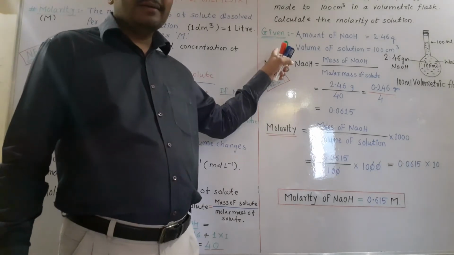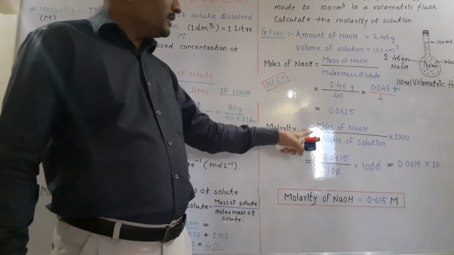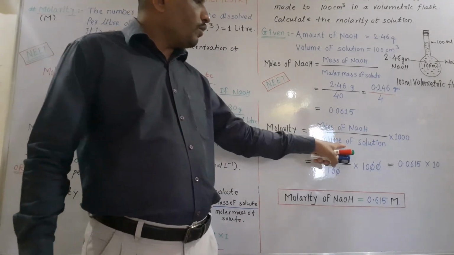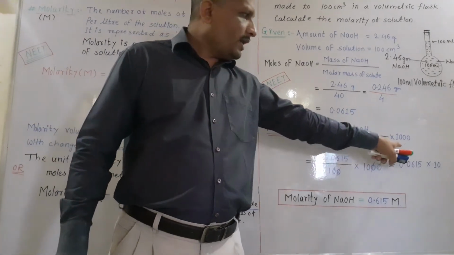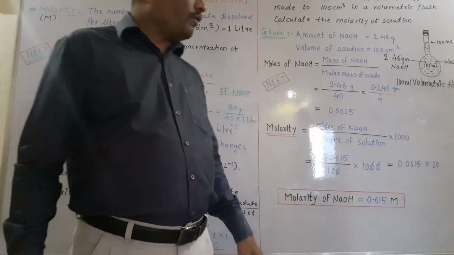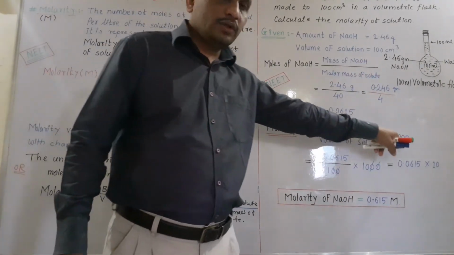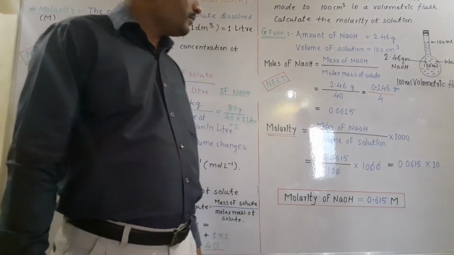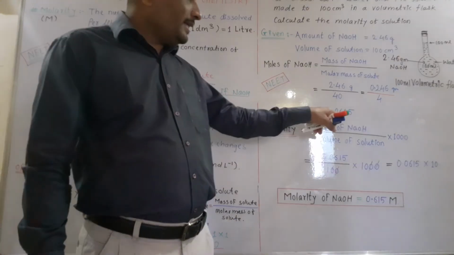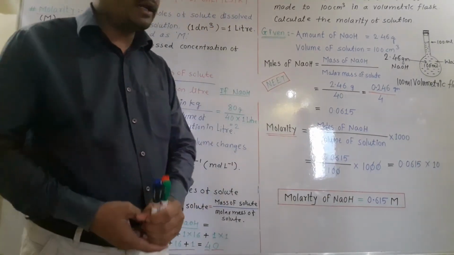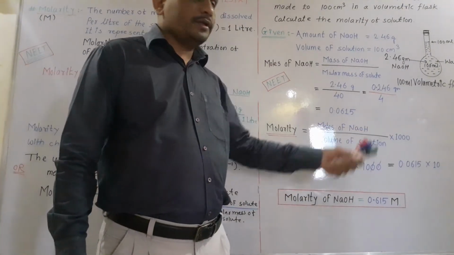Firstly, the molarity is equal to moles of NaOH divided by volume of solution, multiplied by 1000 ml. First calculate the moles of NaOH.